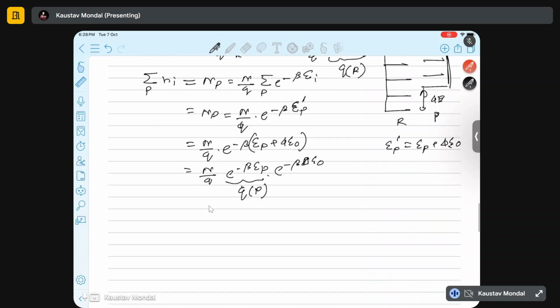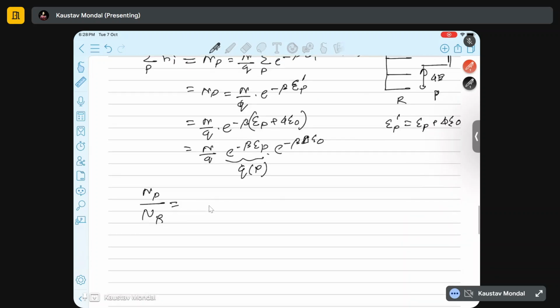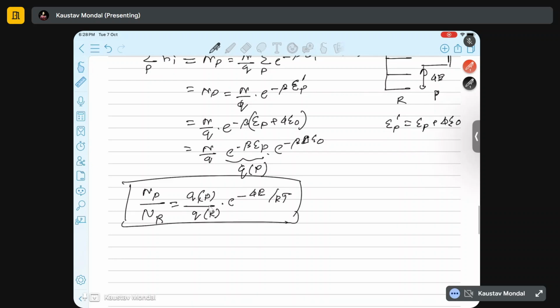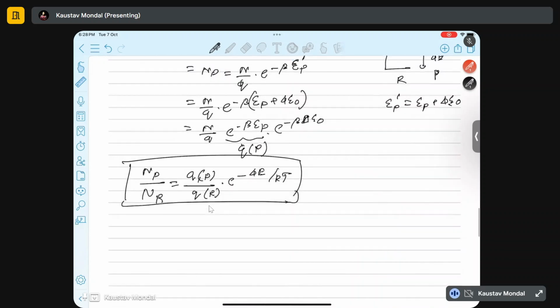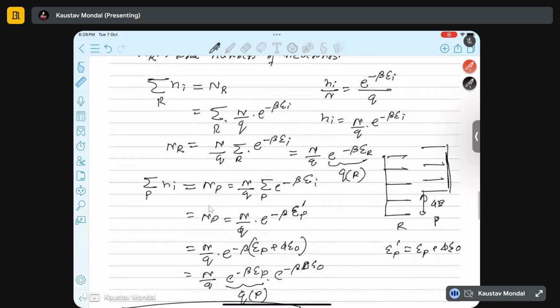So now if you take the ratio of NP by NR, this gives you QP by QR into e to the power minus delta E by RT. Okay, so let me just discuss briefly what I have done here. First, the energy states look like this.